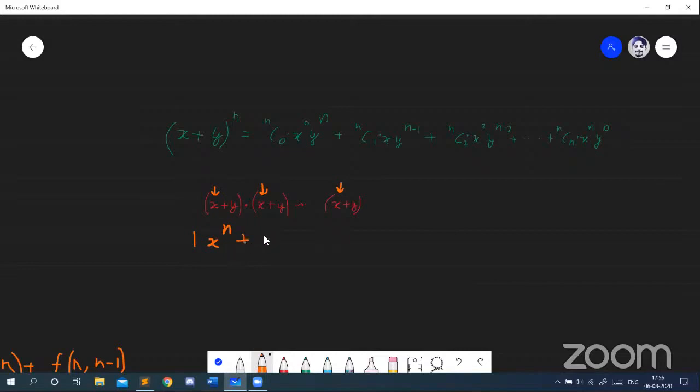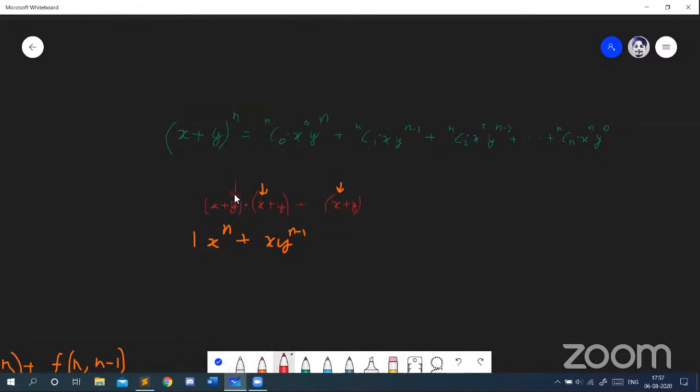But now, what if I have to make x times y to the n minus 1? Then I take x from any one of these brackets and y from the rest of them, right? So I choose any one of these brackets and I say that from that bracket I'm going to take the term with y.